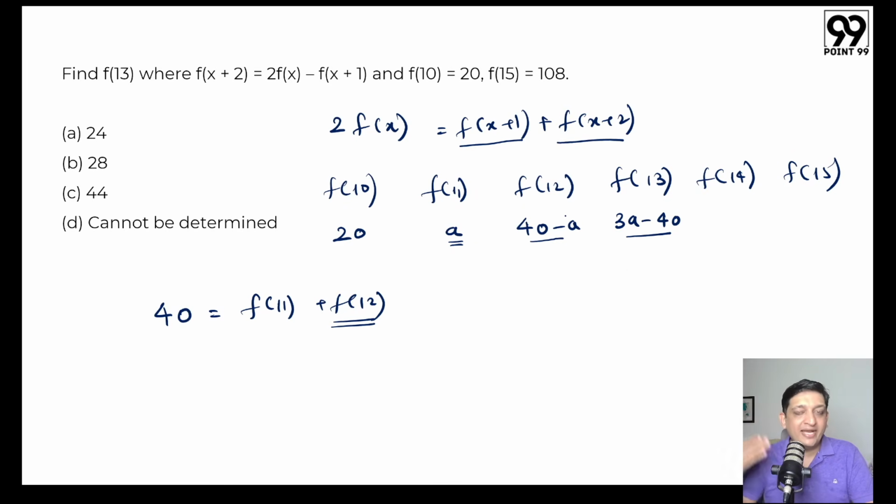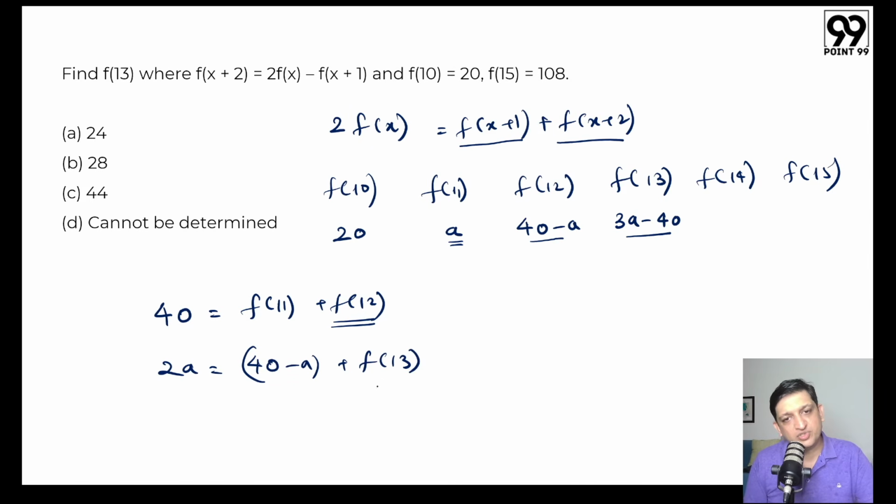How do I go from minus A to 2A? I will add 3A to it. You can also do it using equations. You can also say that 2A will be 40 minus A plus F13. This is also a way in which you can do this, but I'm just trying to skip this step. So in this particular case, we are going to get F13 equals 3A minus 40: the A will go here and become 3A, and 40 will go to the other side and become minus 40.